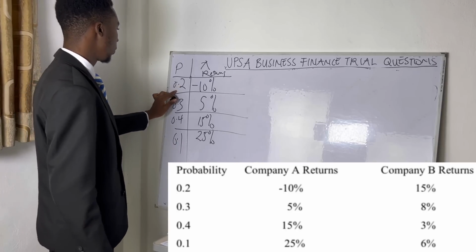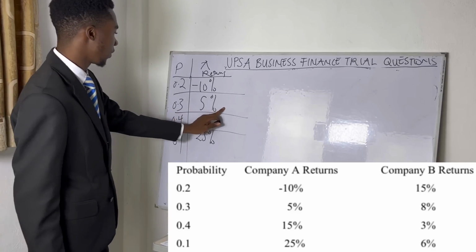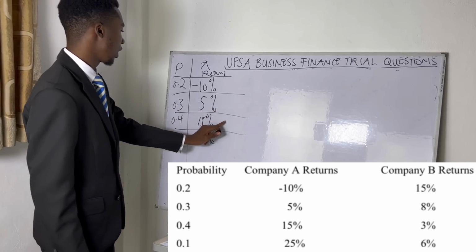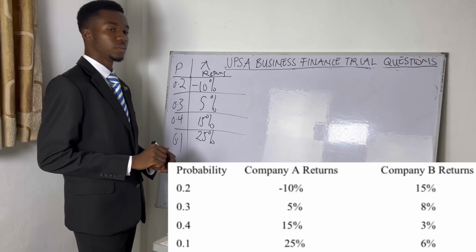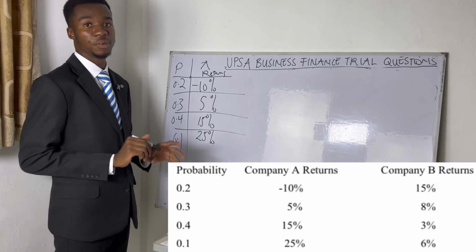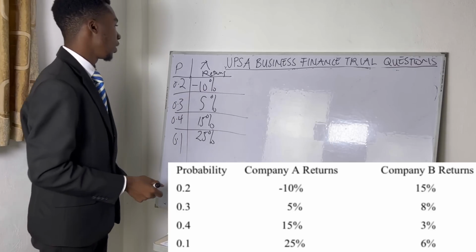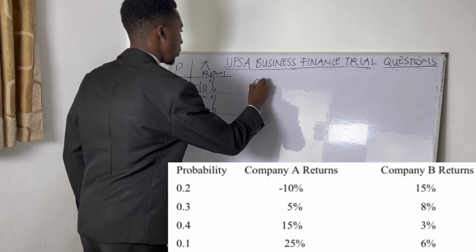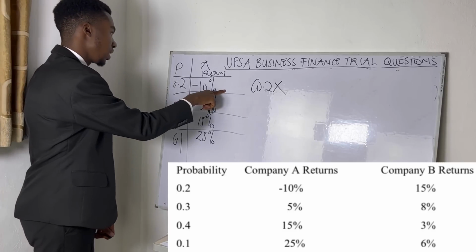So it's going to be 0.2 times negative 10% plus 0.3 times 5% plus 0.4 times 15% plus 0.1 times 25%. But remember the returns have been given to you in percentage. Anytime they give you the returns in percentage, you have to change it to decimal. So the first one is 0.2 times negative 10%.